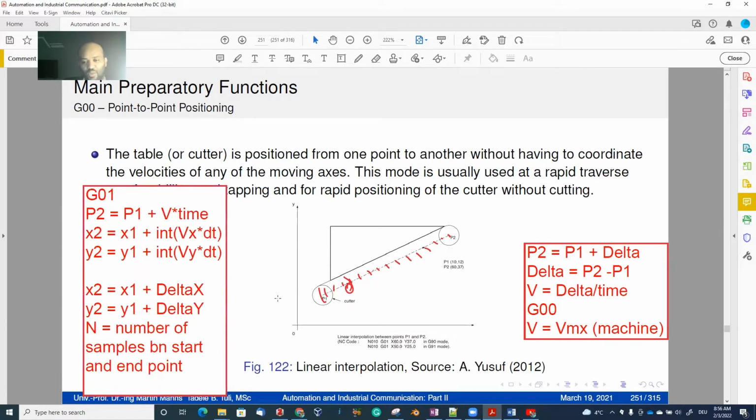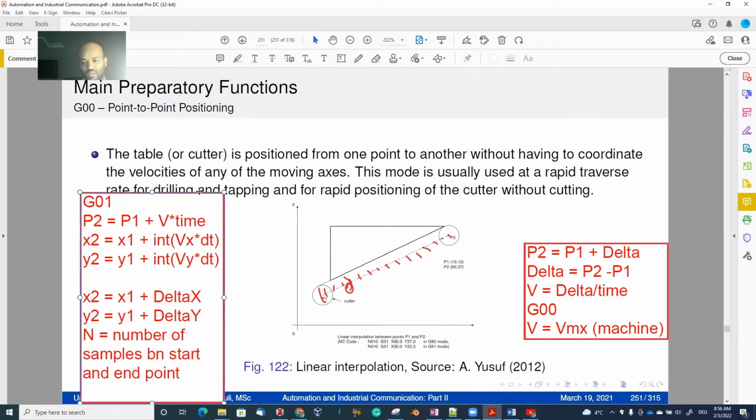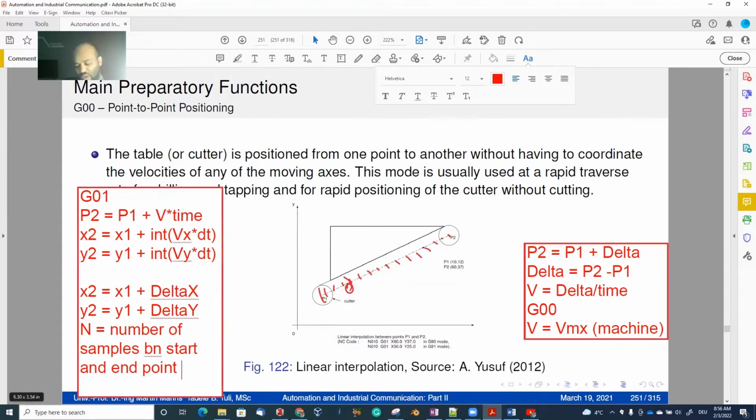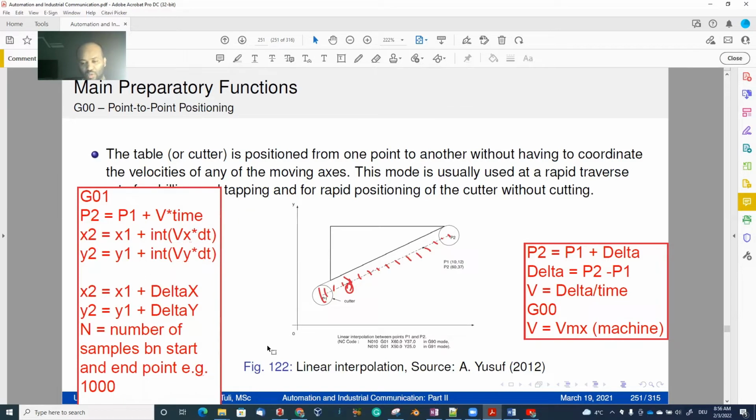Between P1 and P2, I assume, for example, we have 1,000. Boom, boom, boom, boom, boom. So 1,000 times the machine has to make a speed adaptation.